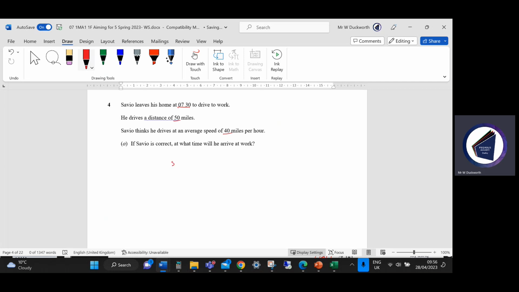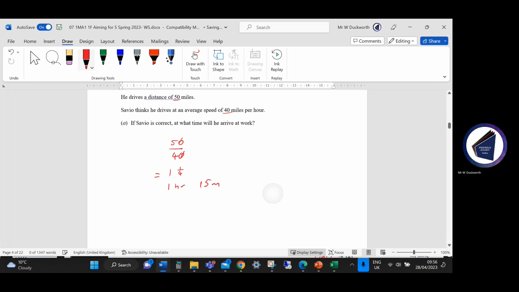So we want to do 50, the distance, divided by 40, which is going to be 1.25 hours, which is 1 hour and 15 minutes. And if he starts at 7:30, then he should arrive at 8:45.